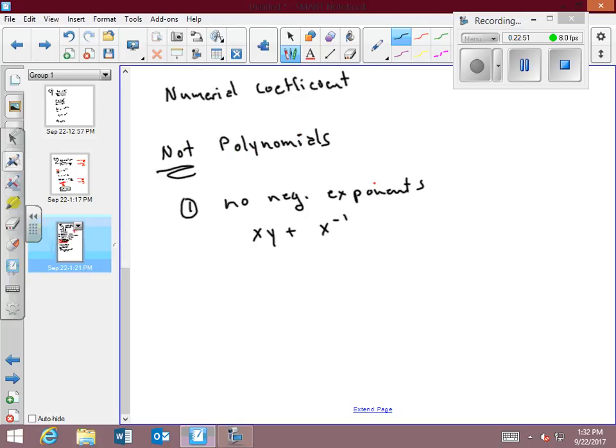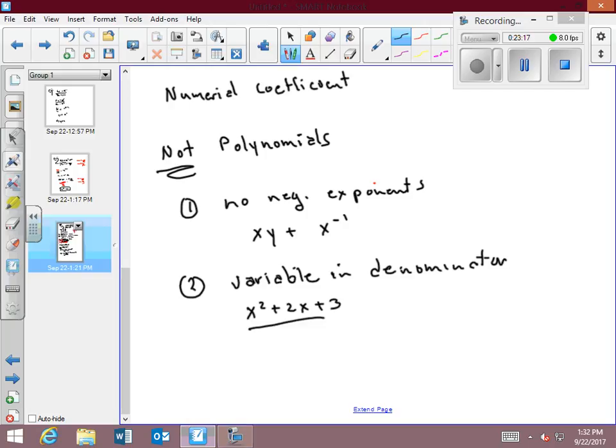Can't have that. The second thing that would not let it be a polynomial is a variable in the denominator. So if you had something like x squared plus 2x plus 3 over x plus 1, that's not a polynomial.